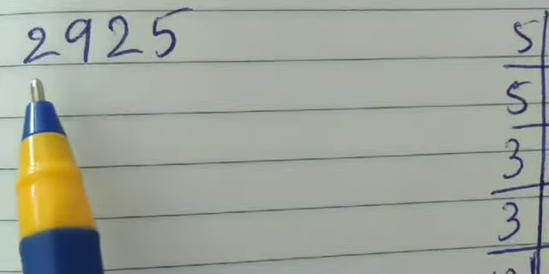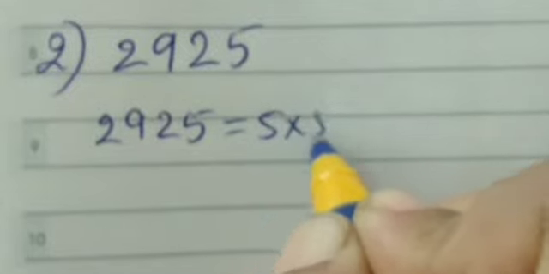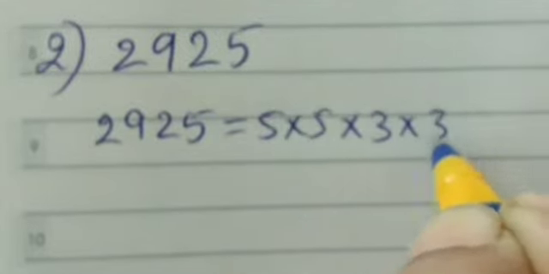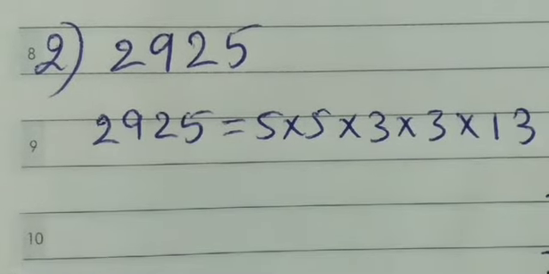So what we are going to do next? We are going to divide 2925 by 13, right? So let me first write down 2925 is equal to 5 multiplied by 5 multiplied by 3 multiplied by 3 multiplied by 13.